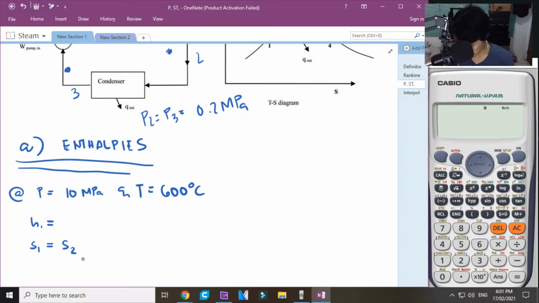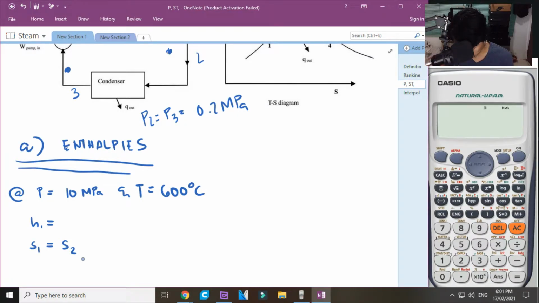Look there. At P1 and T1, it is at 10. So, go to your table 3, vapor. See if it is in the middle. If there is a 10 there. Do you see it there? So, 10, 600.